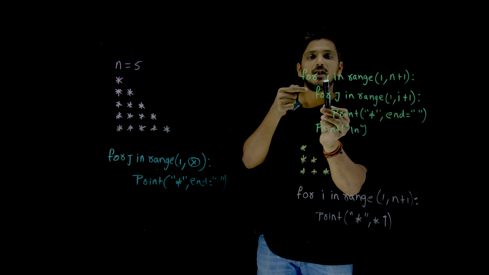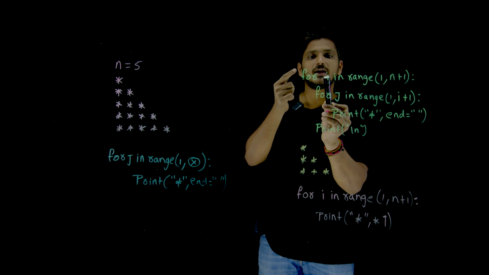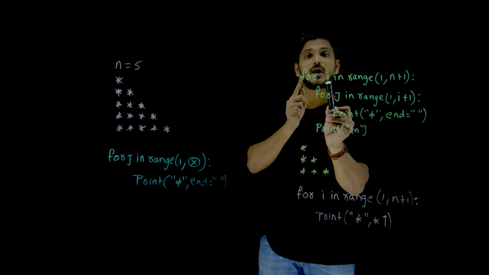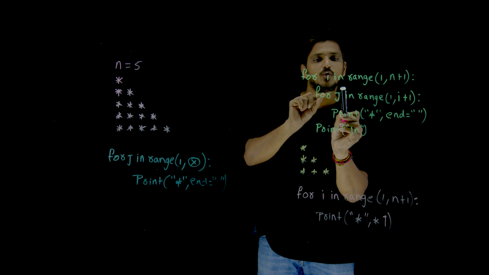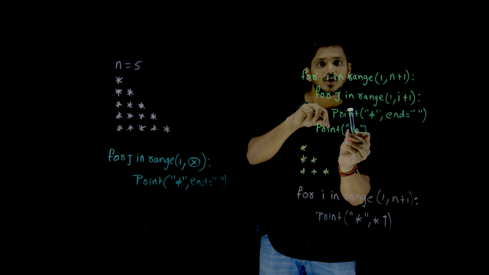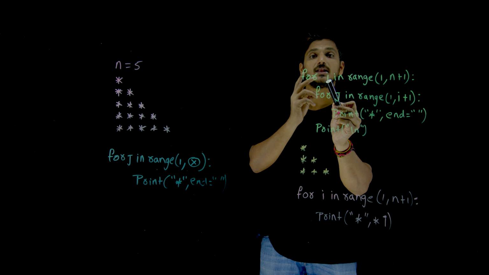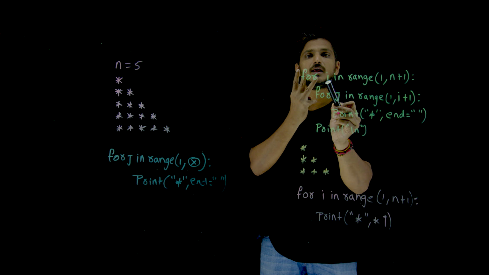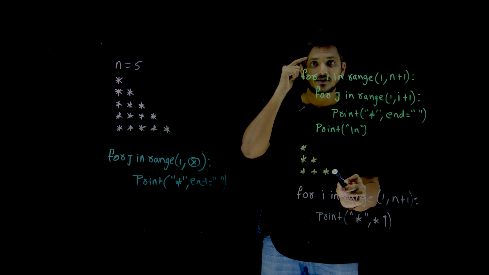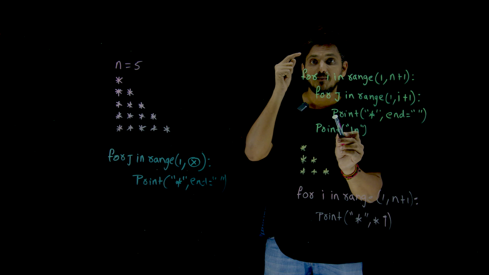The i value here: the first time this loop goes inside, the i value is 1. The second time it goes inside, the i value is 2. The third time, the i value is 3. So remember, in order to display this pattern, i is mentioning the line numbers.